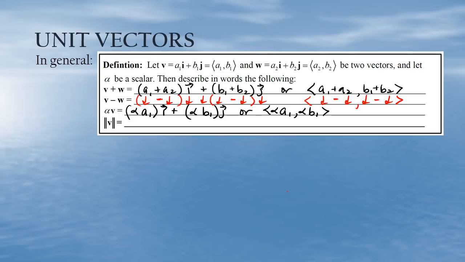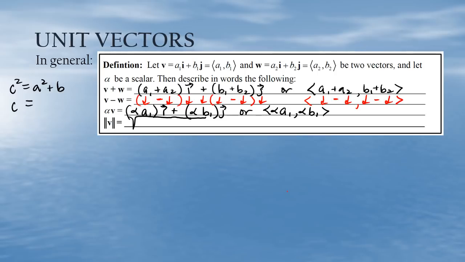couple of slides. And then finally, what is the magnitude of a vector? In the very last one that we did, we saw that we made use of the Pythagorean theorem. Now, in case I confused you by putting the square root in there, let me just remind you of why I did that. If I were to say to you, use the Pythagorean theorem, you might say, okay, well, c squared is equal to a squared plus b squared. But normally what I'm interested in is not c squared, I'm interested in c.